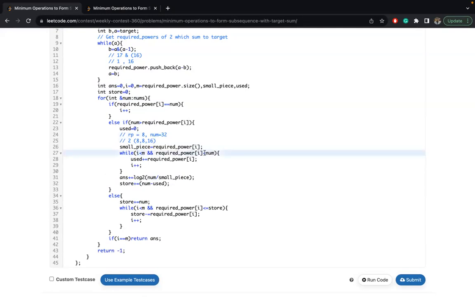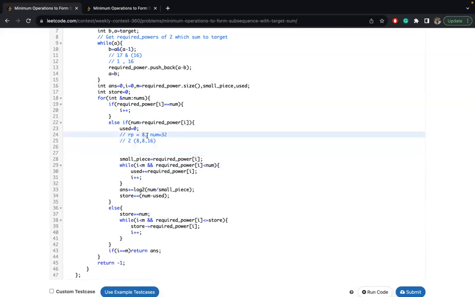In case the required power exceeds num, then it will come out of the loop. So for example, required power is not just 8, required power is also 16. Even if you are splitting this into 8 and 16, both the 8 and this 16 will be applicable. As many times as you are splitting, you are also checking if there is some required power that can be taken from here.